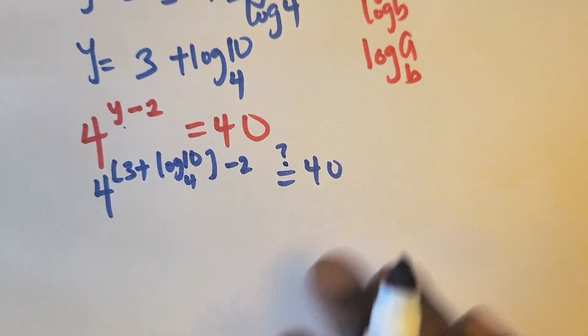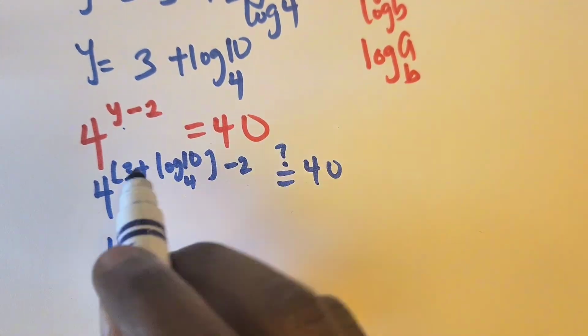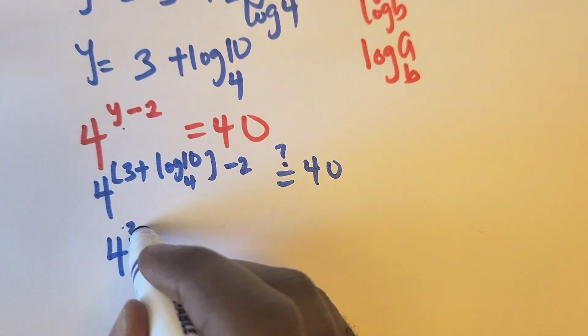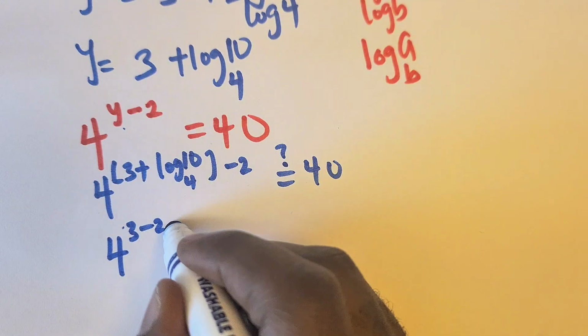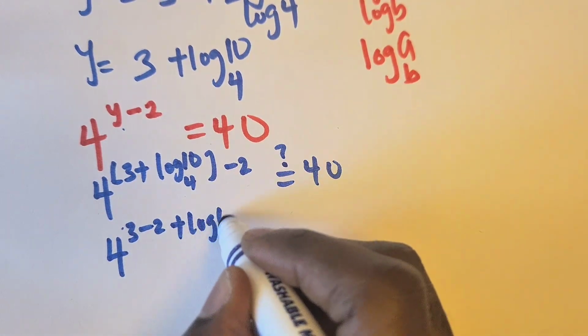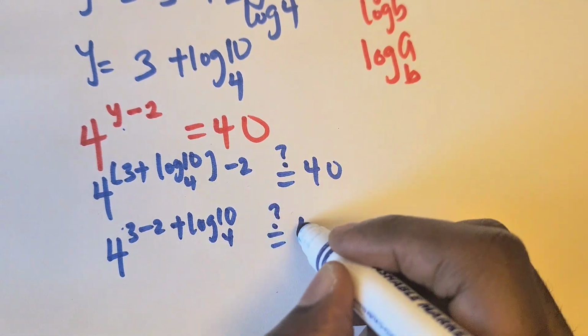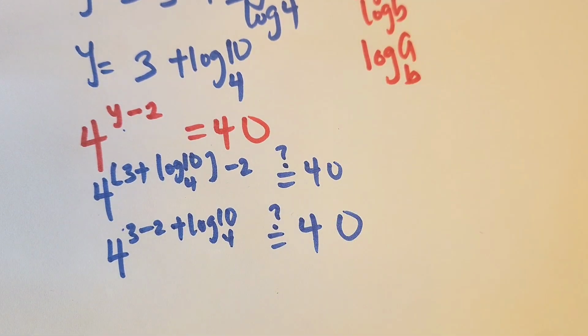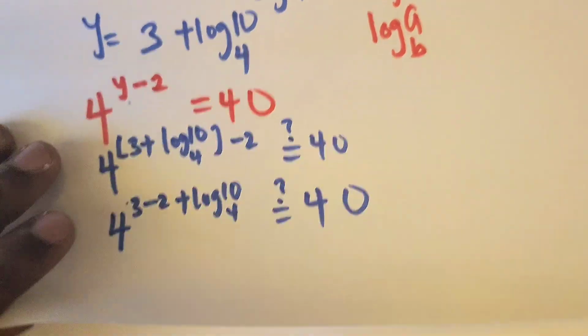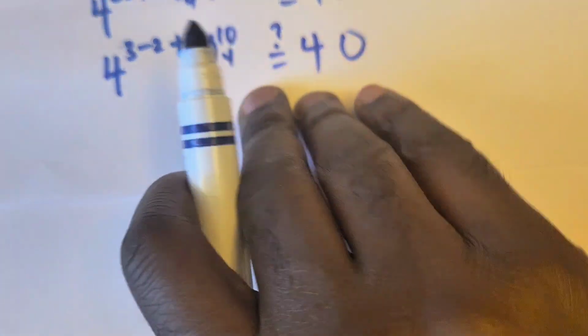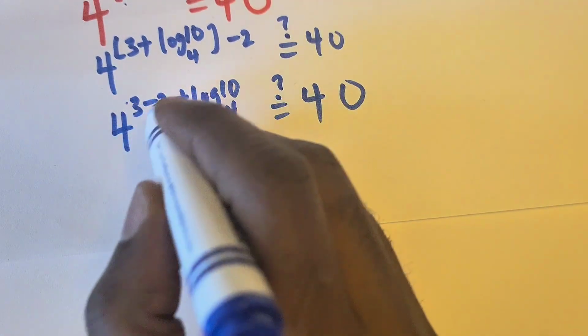So from here, I'm going to have 4. Here we have 3 minus 2. Okay, if we remove the parentheses, log 10 base 4. So we want to see if this is actually equal to 40. Now, from here, we're going to have 3 minus 2 is 1.